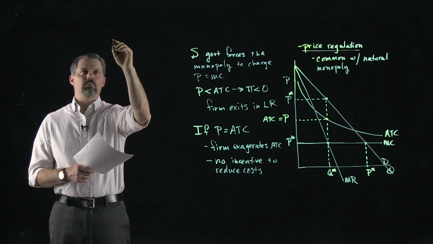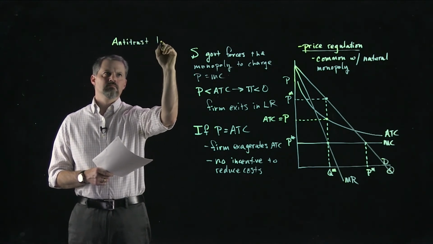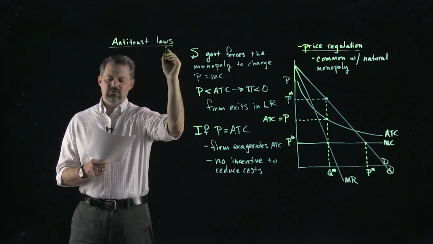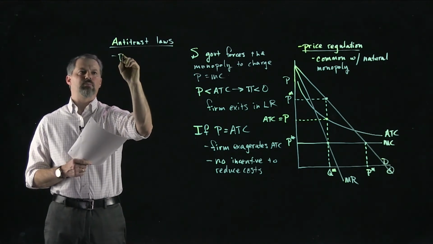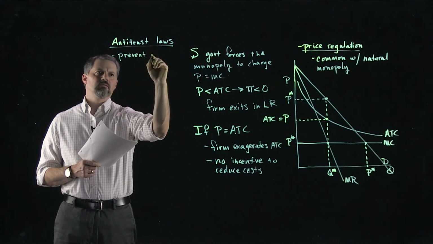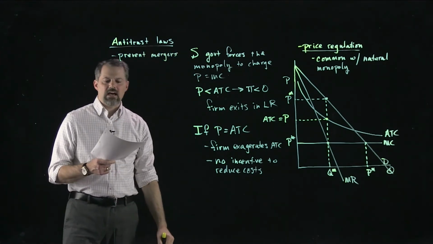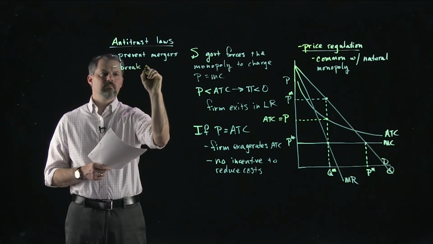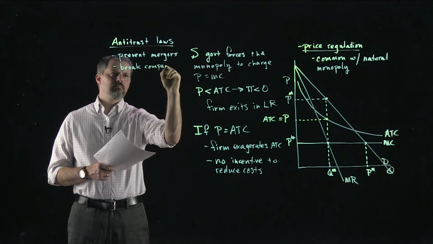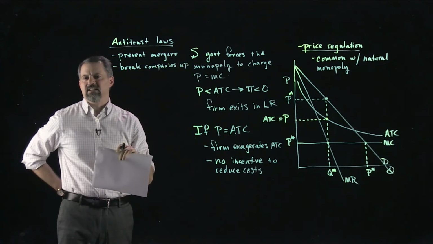There are certainly antitrust laws. And those antitrust laws allow the Justice Department, allow the government to prevent mergers. It allows the government to break companies up. Now, the Justice Department can't just decide that it wants to do that.